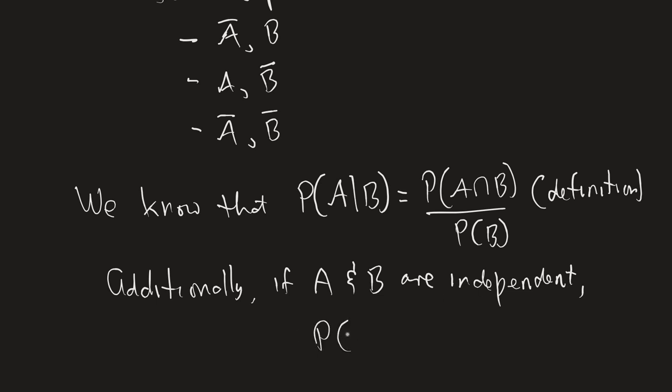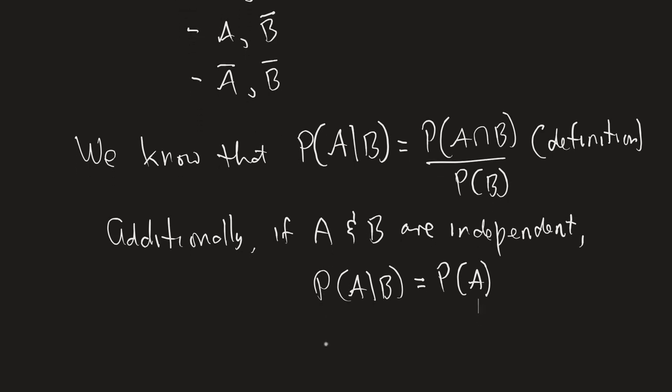We know that the probability of A given B is equal to the probability of A, right? That's what we just defined up above, right? If two events are independent, the fact that one event has occurred does not change the likelihood of the other. So the prior is equal to the posterior, right?